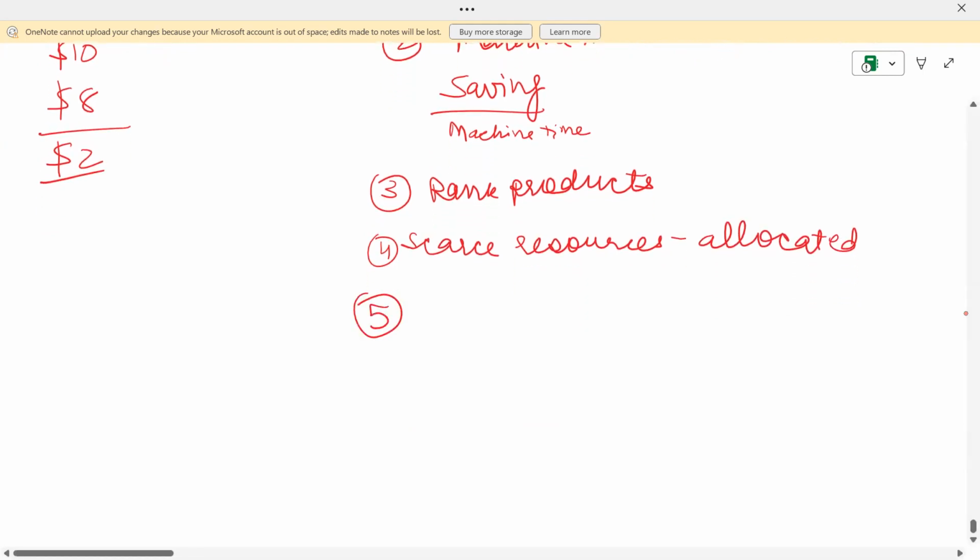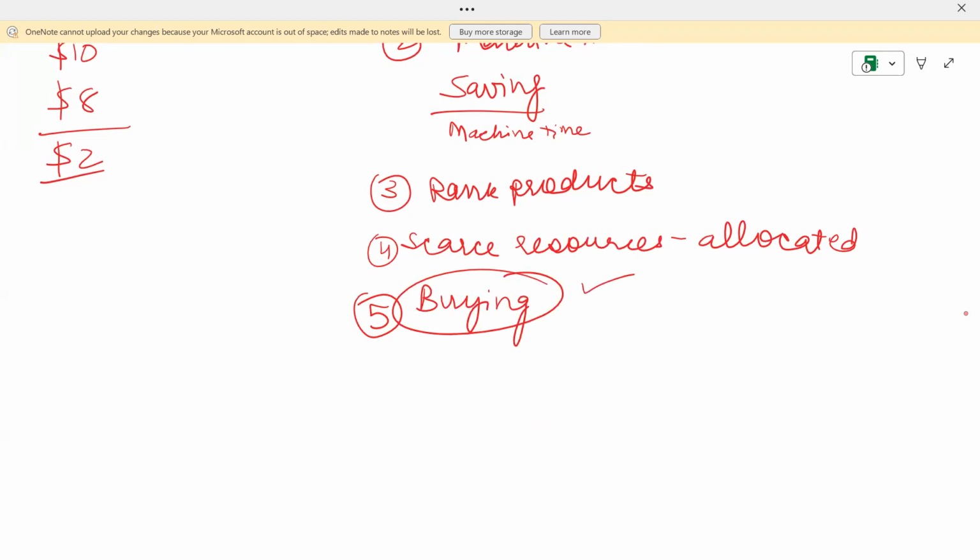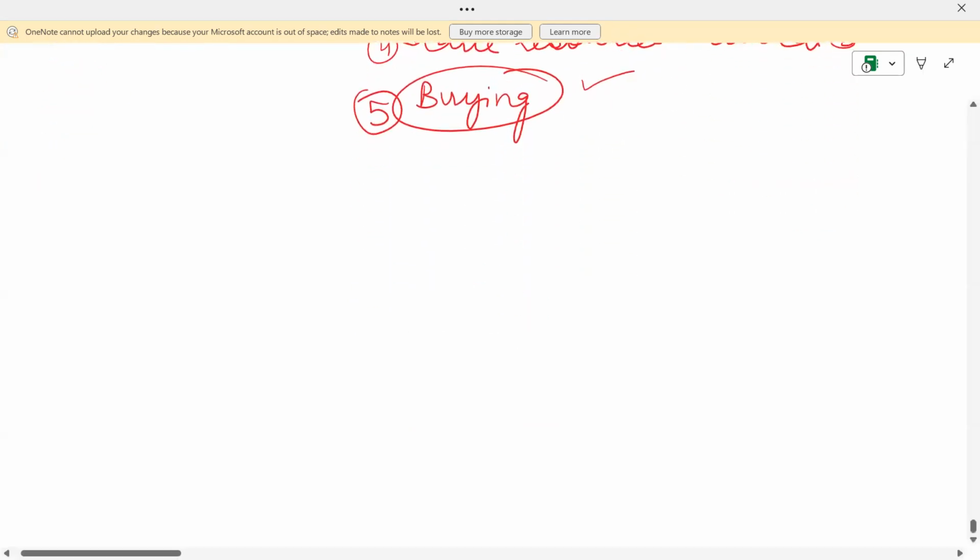The last step is that any products left with unsatisfied demand can be satisfied from buying. So scarce resources will be allocated, and anything left out you will buy from outside.